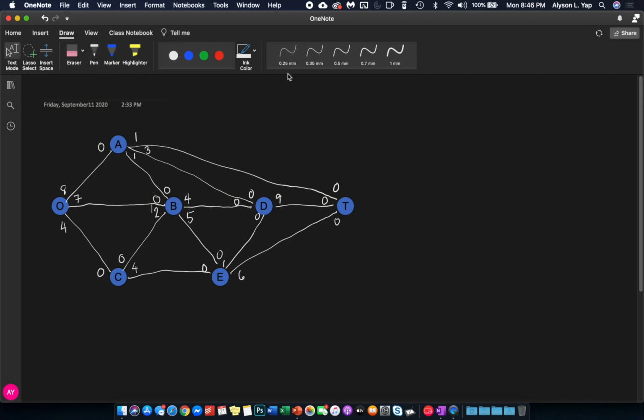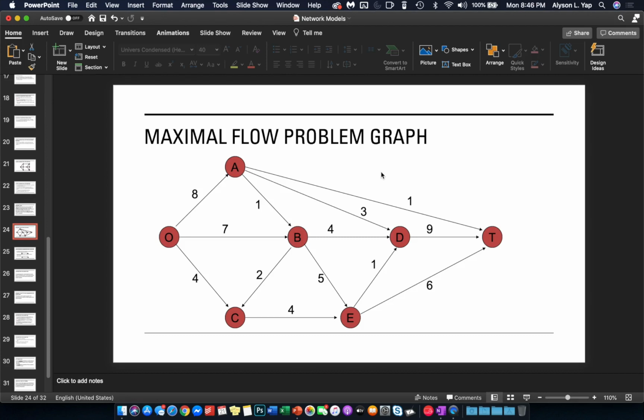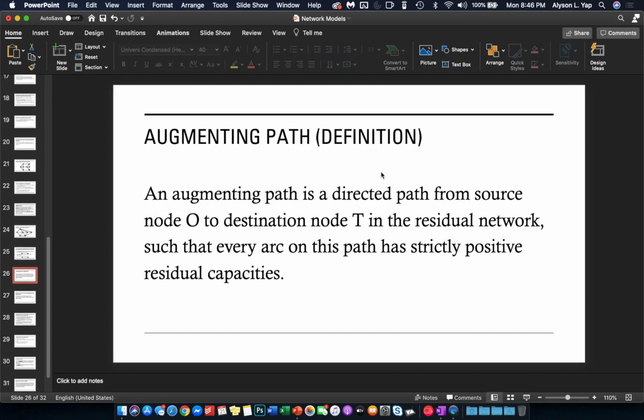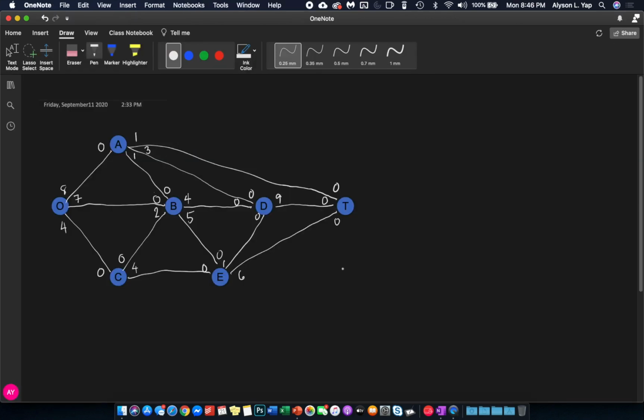Okay? And then, if we go back to the definition of an augmenting path, again, an augmenting path is a directed path from source node O to destination node T in the residual network, such that every arc on this path has strictly positive residual capacity. So for example, given this residual network, I can say an augmenting path is O, A, T. Why?